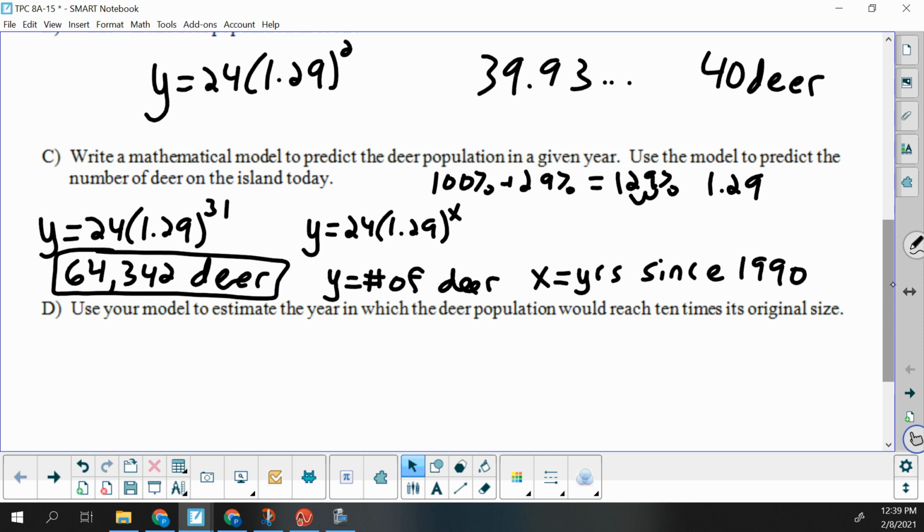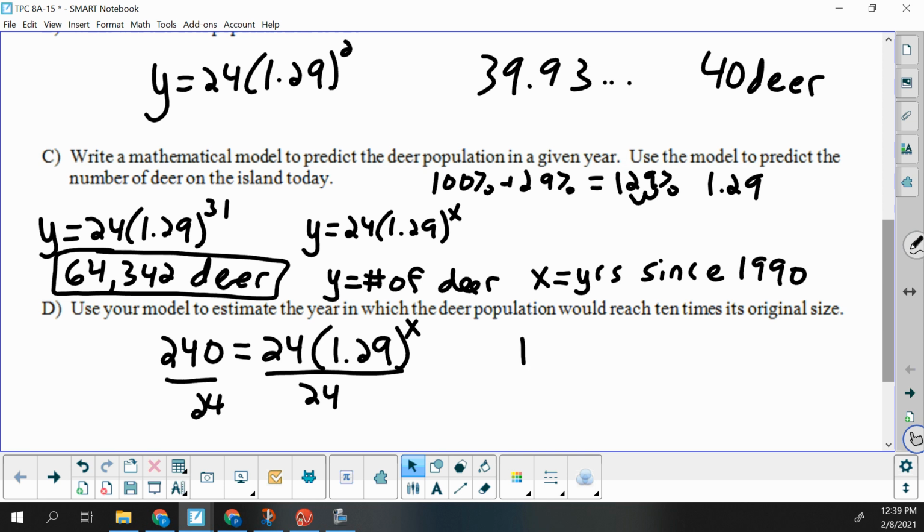In the last one, we want to predict when the deer will be 10 times its original size. So we would want to put 240, which is 10 times the original 24, in for y. We're going to divide both sides by 24, and that'll give us 10 is equal to 1.29 raised to the x.